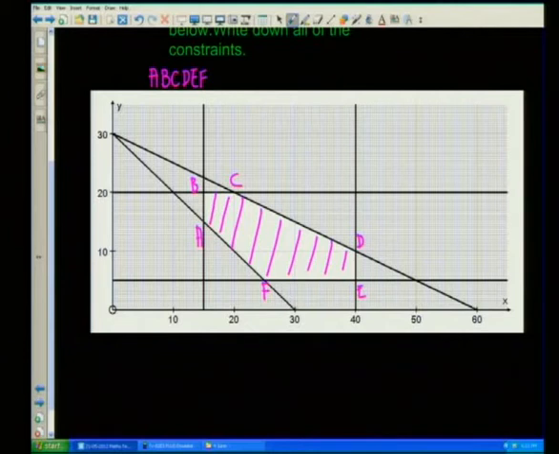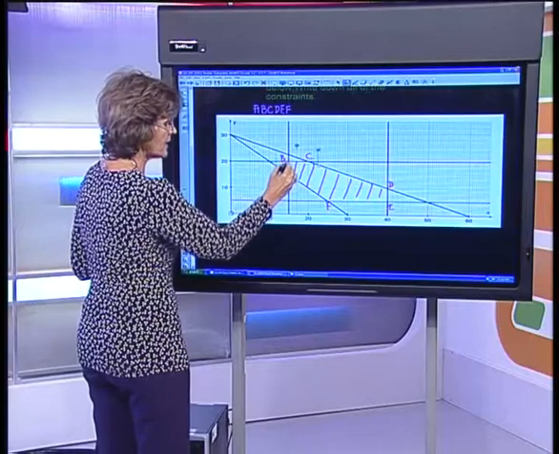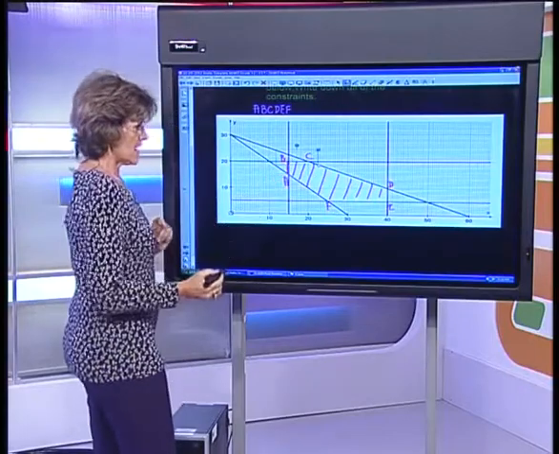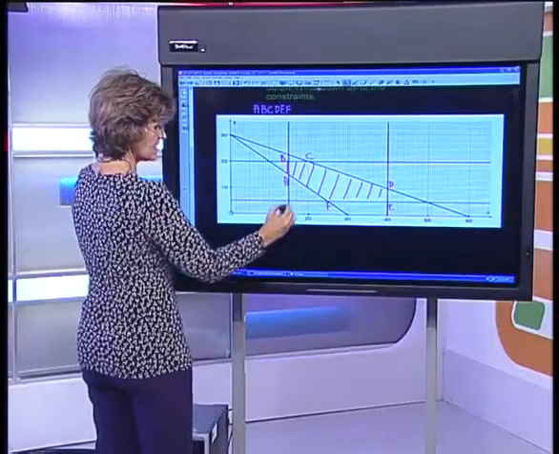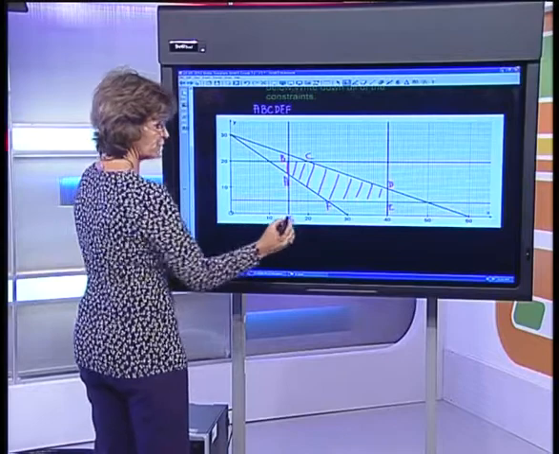Can you see that by writing down my feasible region, I can see that I've got to describe what is happening from A to B. This line or this barrier here, A to B. Now, because my picture is drawn to scale, I can see that my X value here is what is being described. And can you see that this is an X value of 15?